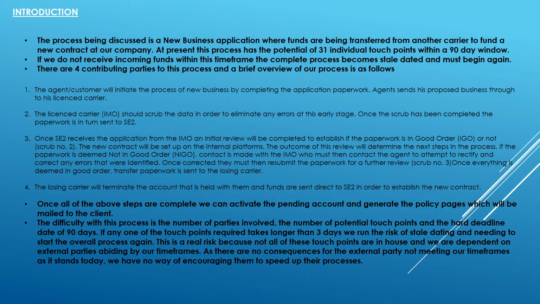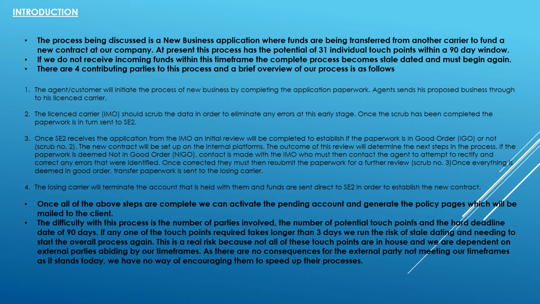If all of the above steps have been completed in a timely manner and have not exceeded 90 days, we will be happy to deliver a new contract. Unfortunately, this sometimes exceeds our 90 days, and the problem here is it becomes stale dated.